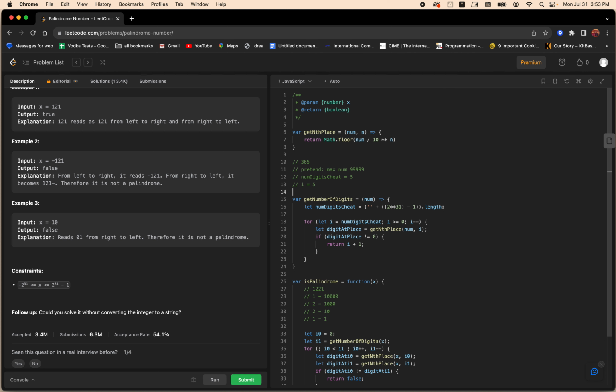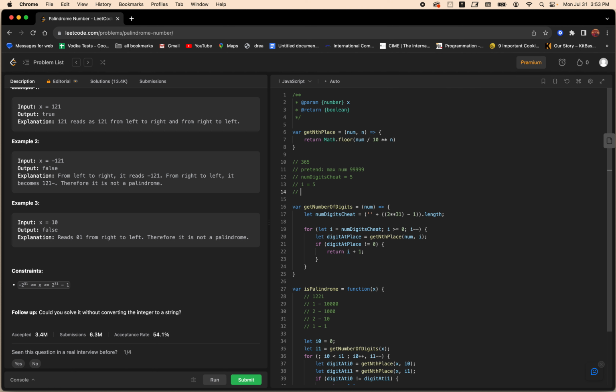We want to find out how many digits that is without converting it to a string. I equals 5. We start off by getting the nth place. Digit at place, for 365, get nth place 365, 5, that would be 0.